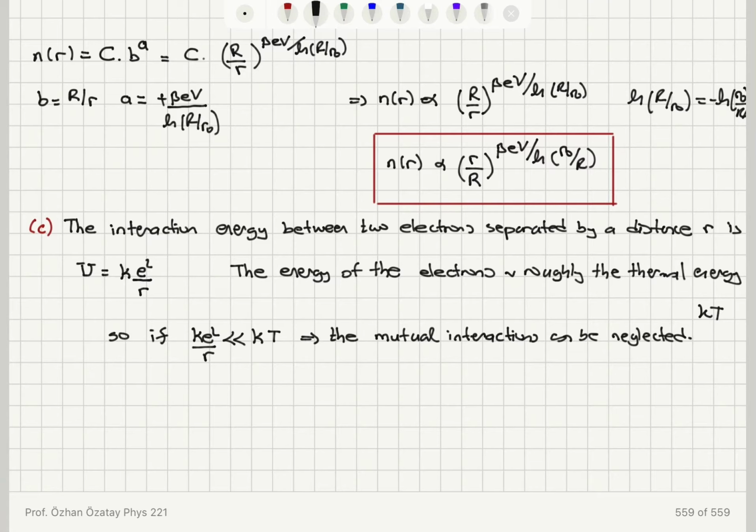So what is the average distance? Let me make this the average distance between electrons, and let's call this average distance r. So if I have n electrons per volume, how can I estimate the average distance between the electrons?